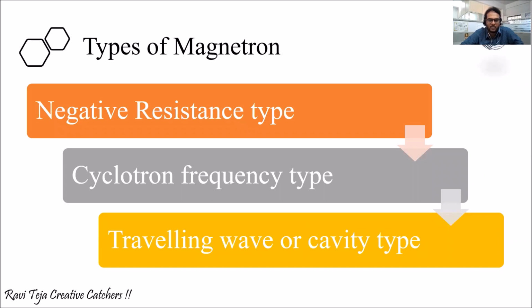So in magnetrons also, we have these three classifications: negative resistance type, cyclotron frequency type, and traveling wave or cavity type. Let's see one by one how they behave and what frequency they generate.